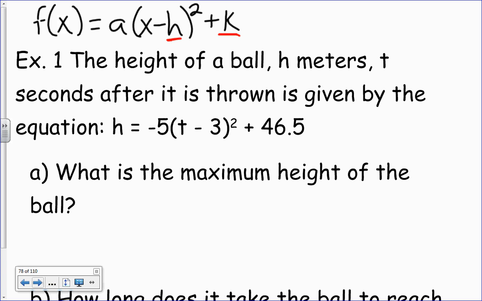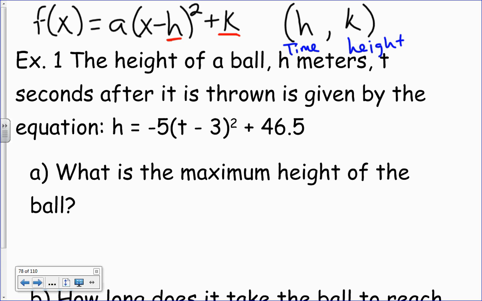H would be the time it takes to get to the highest point. K would be how high it actually got. All right. Then I also want you to write this. Okay, just as a reminder, h comma k. H is your time, and k is your height. So write that down so you don't get confused and think that h is actually the height.